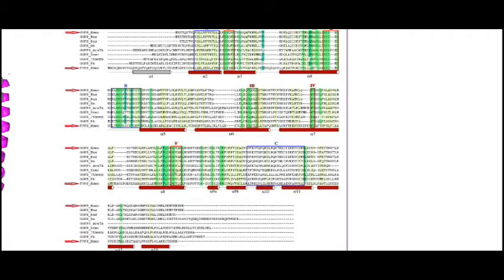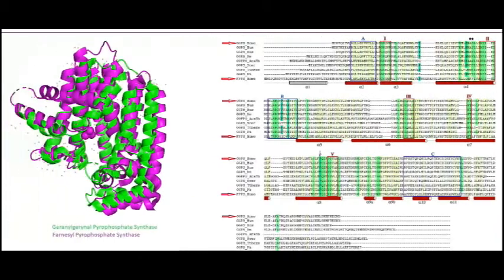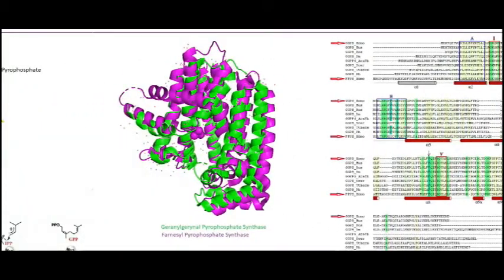We have another place where we have these conserved aspartates. We have this conserved phenylalanine right here. And one thing to notice here that's kind of interesting is that quite a few of these amino acids are not conserved, and yet our structure is still quite conserved.